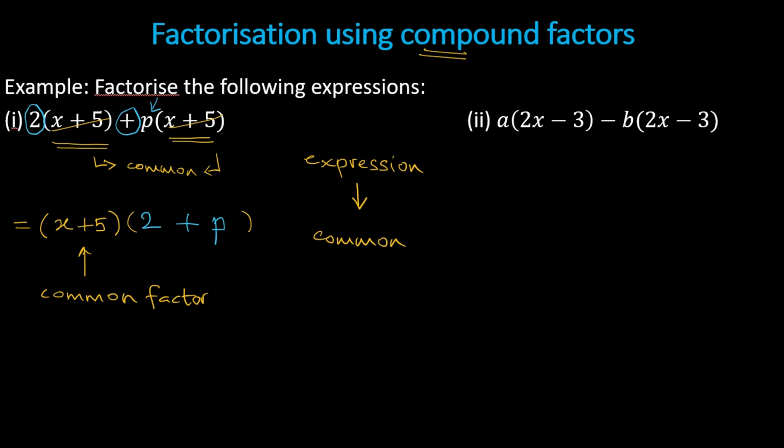Now, which expression is appearing twice? Here you have 2x minus 3. Here also you have 2x minus 3. So 2x minus 3 is the common factor here. And you already know a common factor has to be outside a pair of brackets.